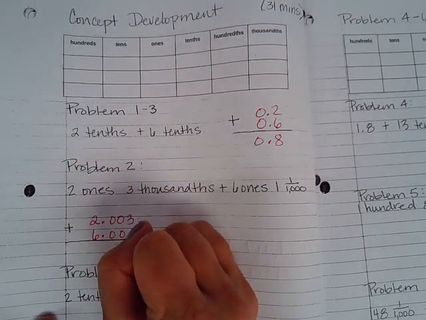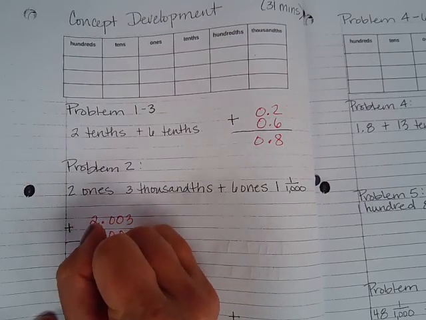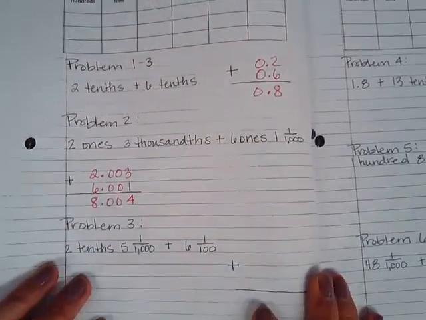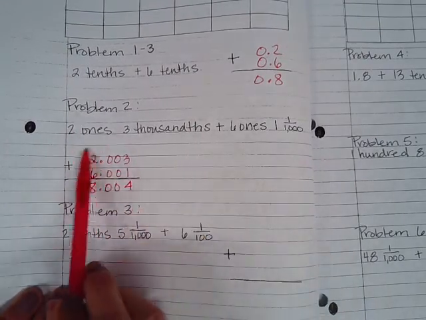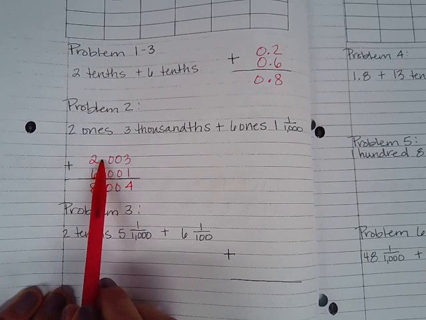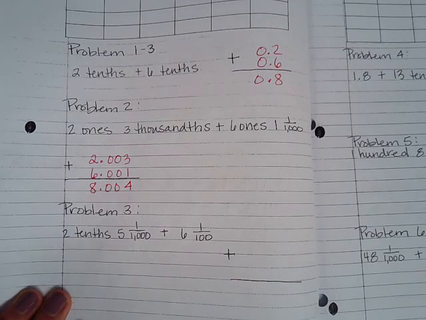Now we're just simply going to add. There you go. So problem 2, we simply lined everything up and we made sure that our decimals were aligned, so we knew exactly how to add them up.